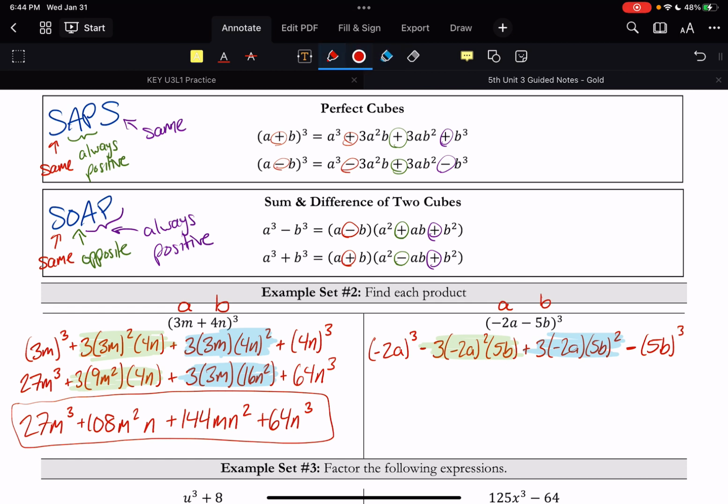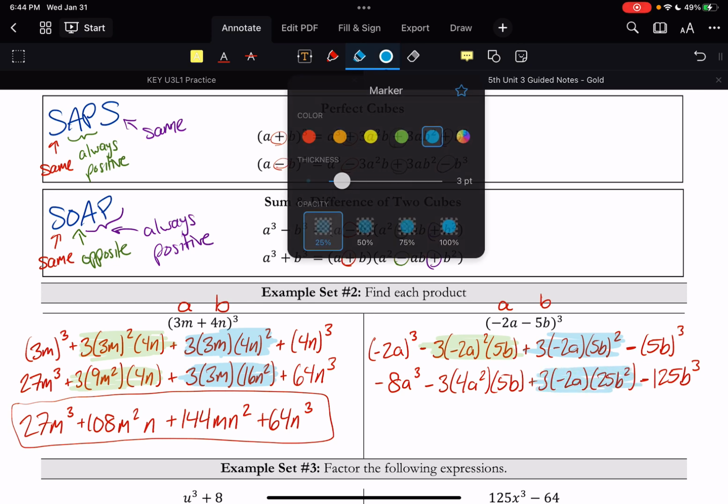So negative 2a cubed is negative 8a cubed minus 3, negative 2a squared is positive 4a squared times 5b, plus 3 times negative 2a, 5b squared is 25b squared, minus 5b quantity cubed is 125b cubed. Again, the last thing we need to do is make sure that this multiplication is good.